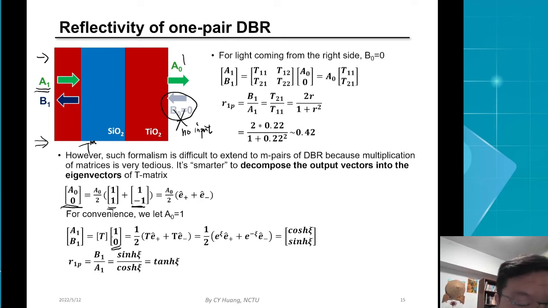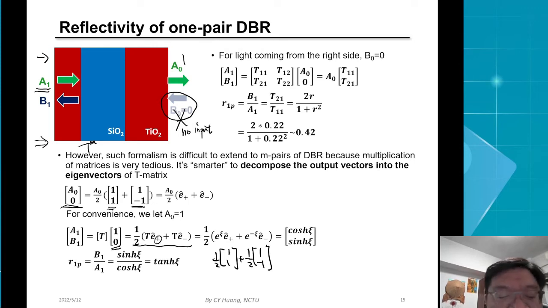So we write it down as (1, 0) as half of (1, 1) plus half of (1, -1). Because for the plus eigenvector, we will get the exponential c, and for the negative eigenvector, we will get the exponential minus c.